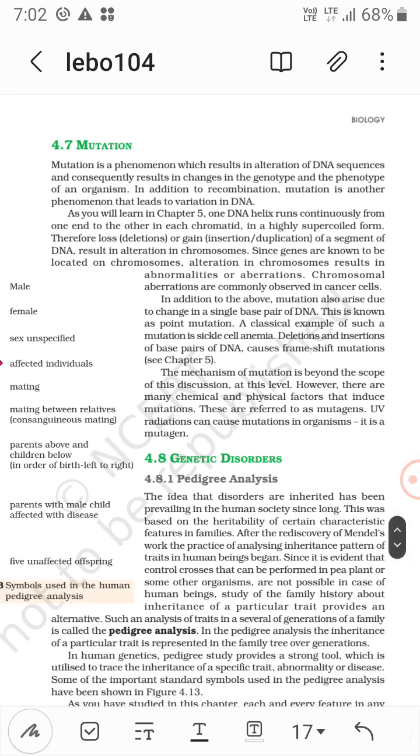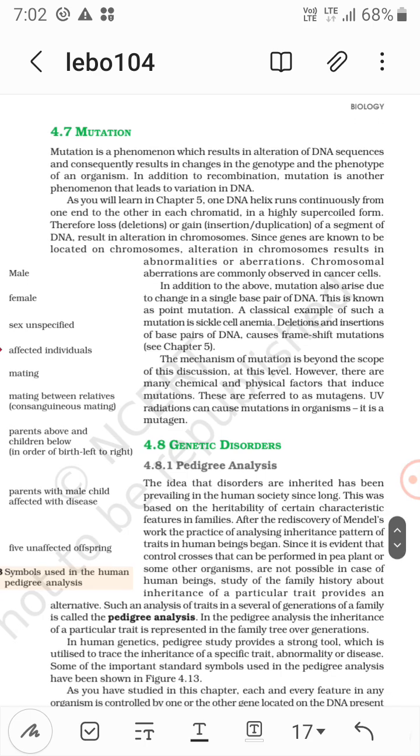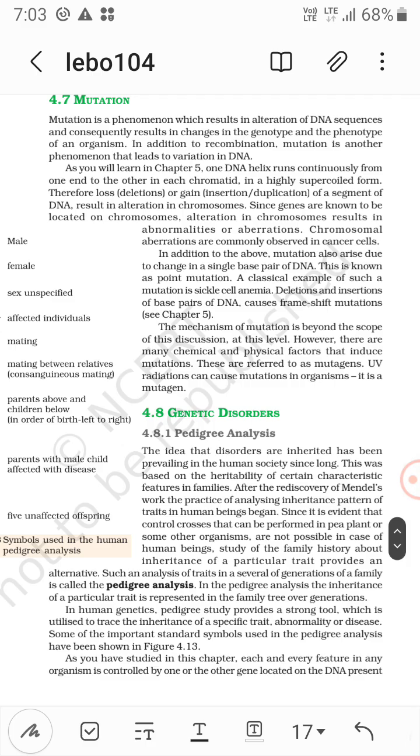Now, the DNA helix runs continuously from one end to the other in each chromatid in a highly supercoiled form. Therefore loss or deletion, or gain, that is insertion or duplication, of a segment of DNA results in alterations in chromosomes.